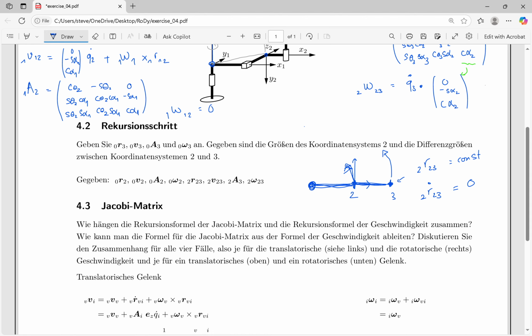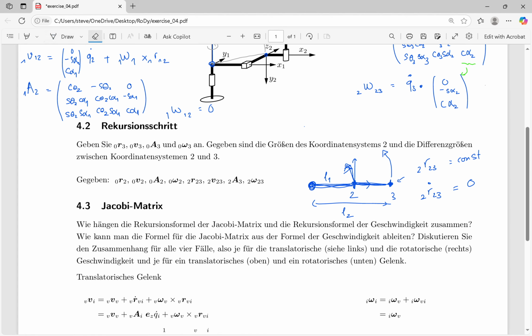So, let's say this is L1, and the longer one is L2. Actually, let's change that to L3 to see it a little more easily. This is L1.